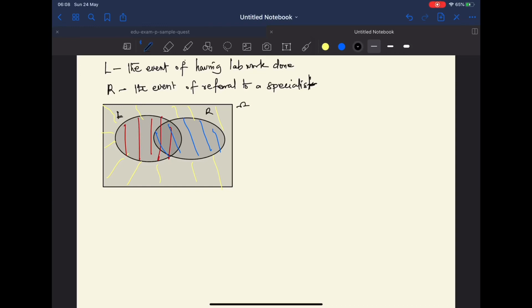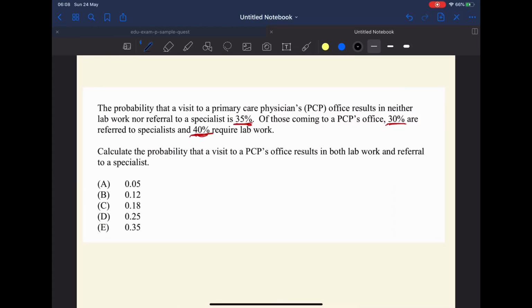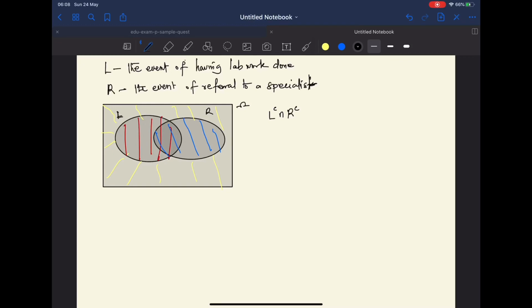So it is easy to note that neither L nor R is represented as the complement of L intersection the complement of R. And it's the same as the complement of L union R, from De Morgan's law.